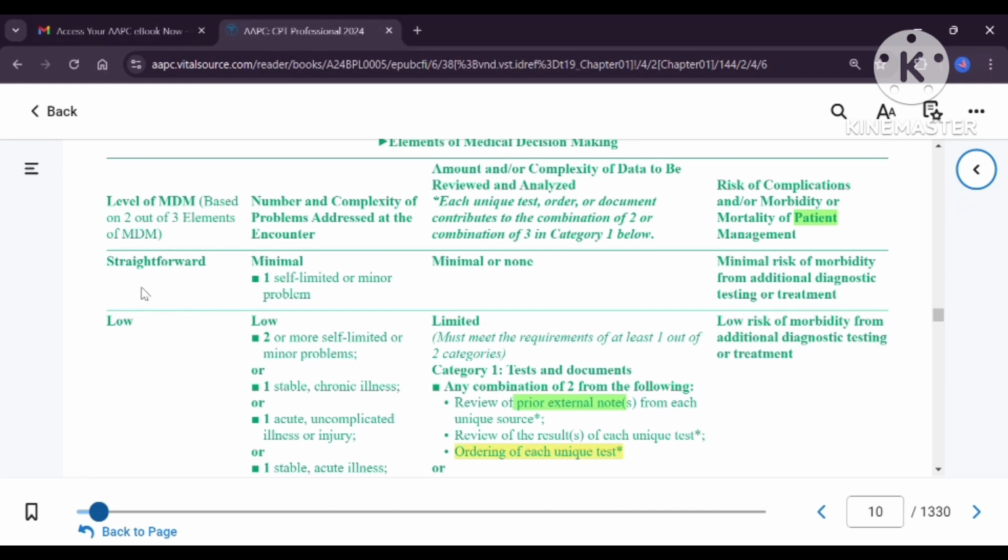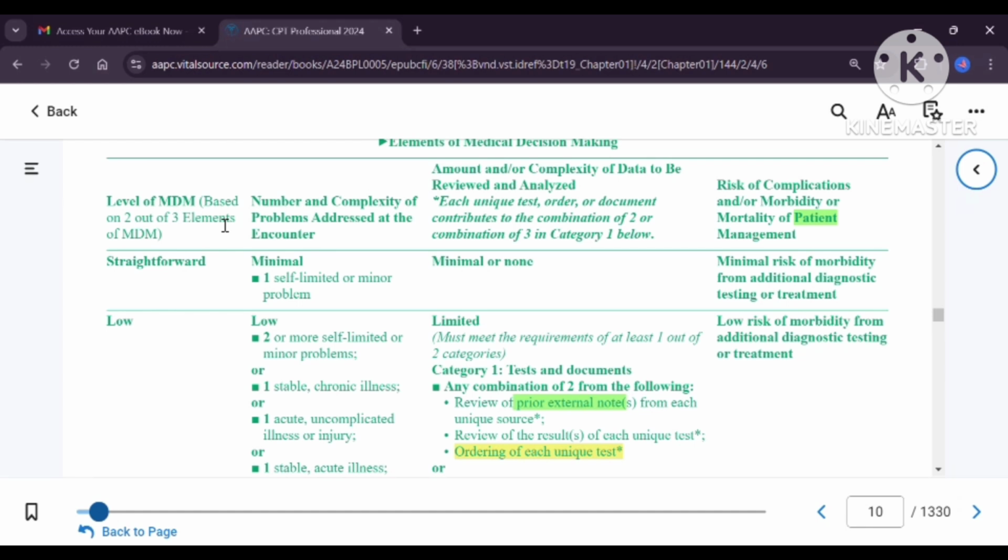Then I can report it as a straightforward MDM. So you have to always choose the MDM based on 2 out of 3 elements. If all the 3 elements are satisfied, then it's well and good. But if only 2 elements are satisfied and one is not falling under the line, it is okay. You can choose the level of MDM as whatever it is under that line.